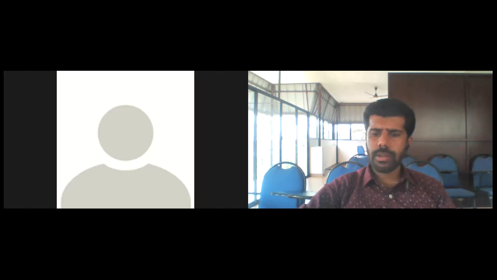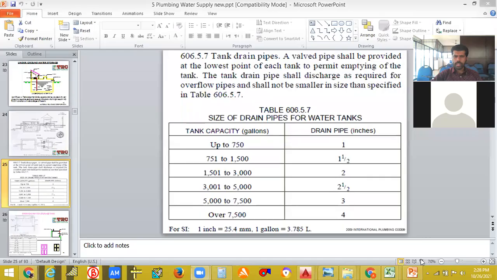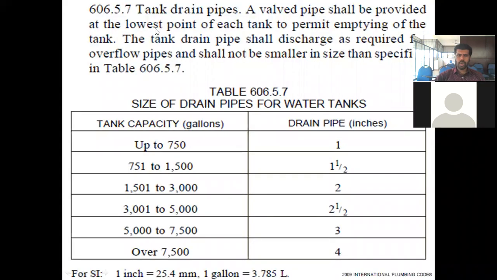Depending upon the International Plumbing Code, these are the different drain pipes shown here. See, the tank drain pipes: a valved pipe shall be provided at the lowest point of each tank to permit emptying of the tank.